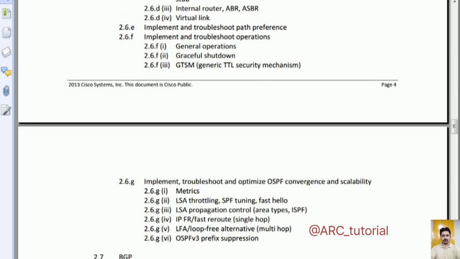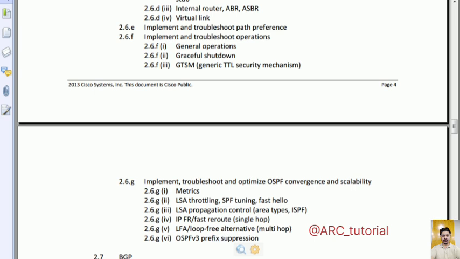Yeah. Metrics, LSA throttling, SPF tuning, fast hello, LSA propagation. ISPF is still left, which is known as, I think, incremental SPF. Don't worry, I will discuss it, right? But for now, see, prefix suppression is also done.